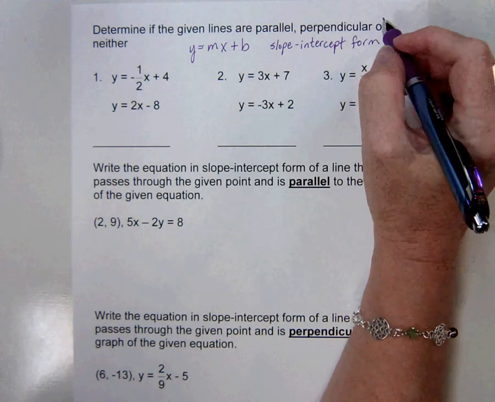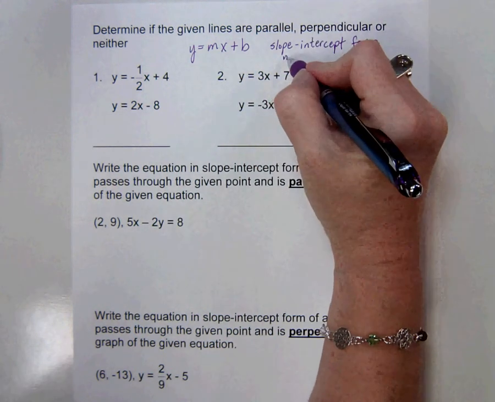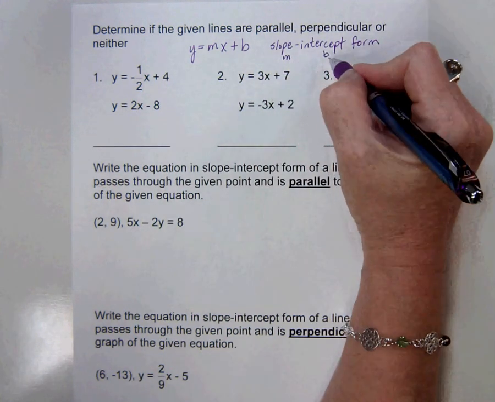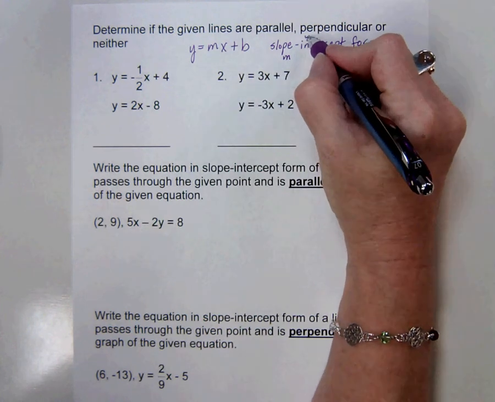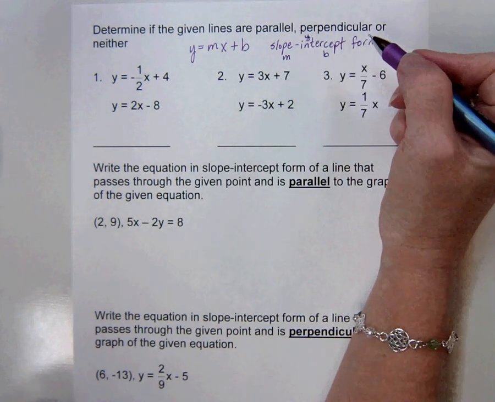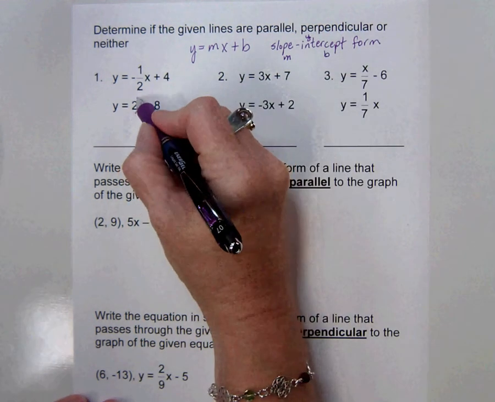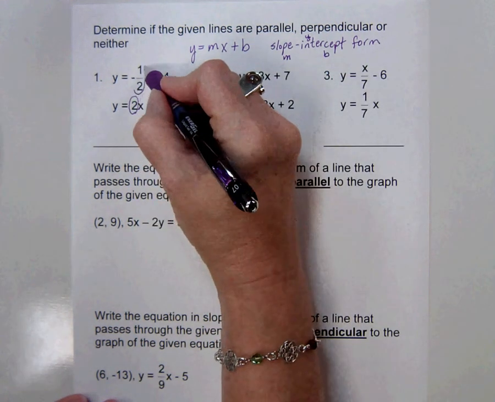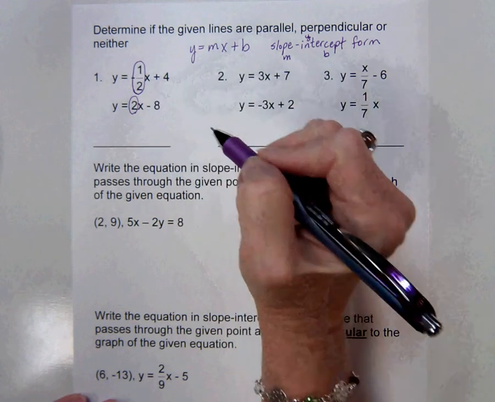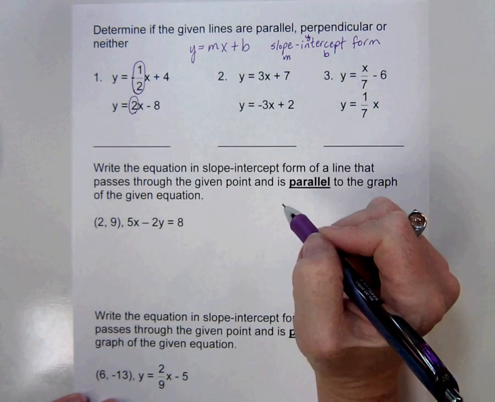Just remember that the slope is the m and the y-intercept is the b. This is really the y-intercept. You might want to remember that's going to be on the graph where it hits the y-axis. So really all you're having to look at are these numbers right here. You want to know if they're parallel, perpendicular, or neither.